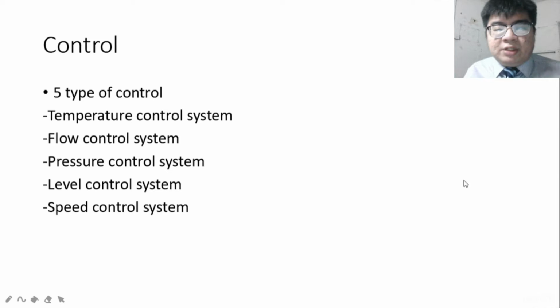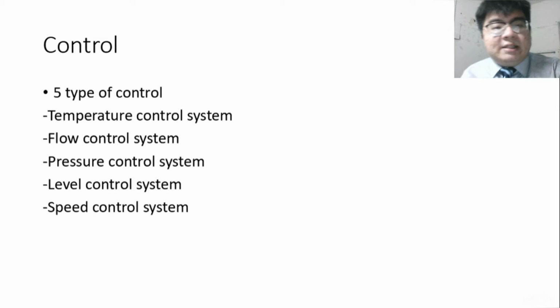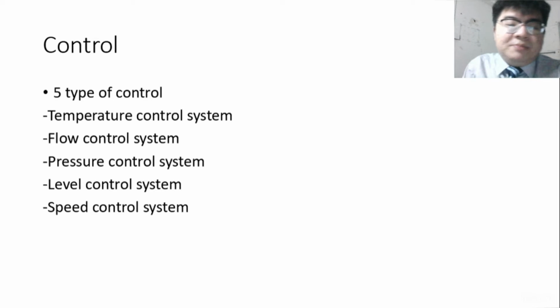The temperature control system is to control the temperature during the process, and is used in the fluidized bed dryer, catalytic converter, fermenter, and pressure swing absorber. Flow control is to control the flow rates in the pipe streams that connect to the equipment.